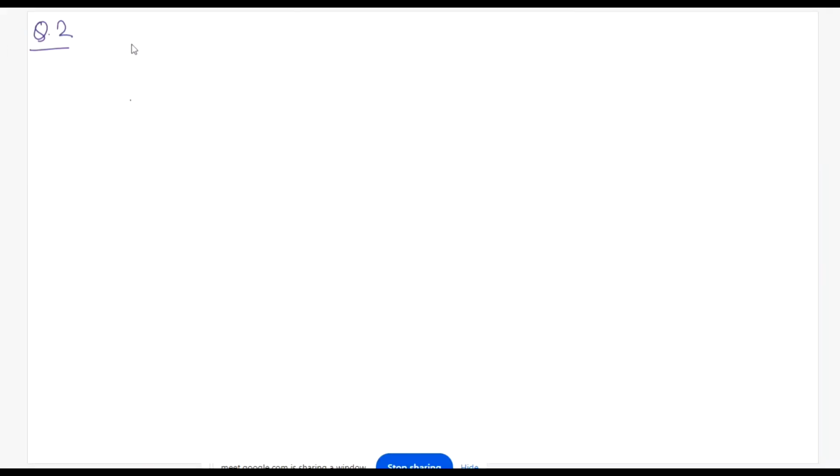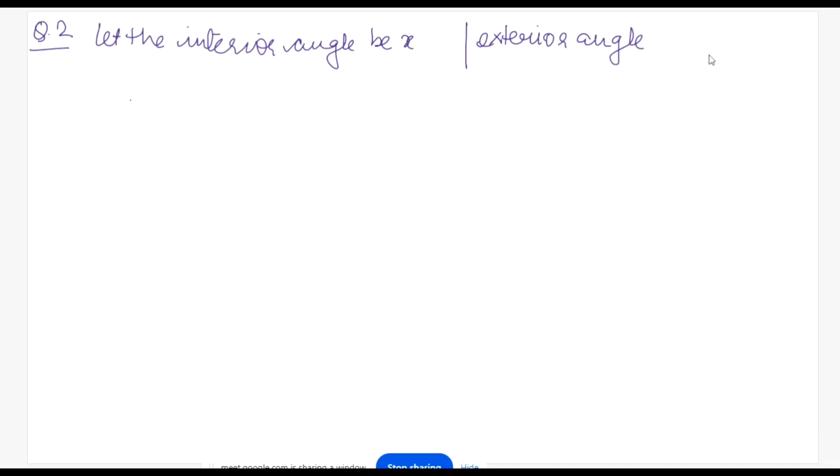1/3, right? So let the interior angle be x. According to the question, the exterior angle will be x by 3.